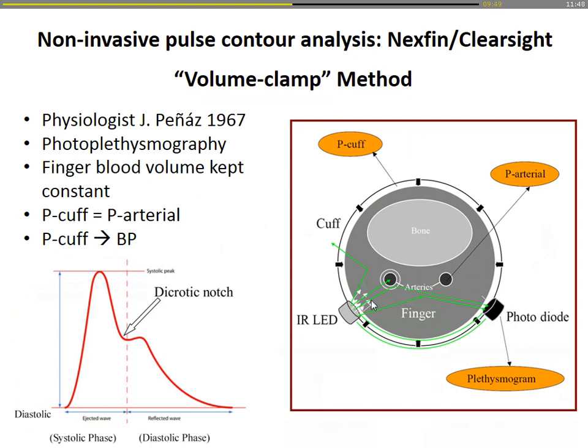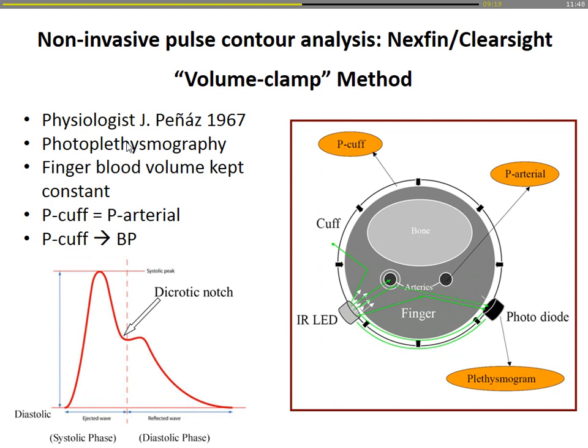Briefly, we have a cuff around the finger, and in this cuff there's an electrode which looks at the artery of your finger, and it keeps the diameter of this artery constant by releasing or changing the pressure in the cuff. So every time blood stroke volume comes into your finger and the pressure rises, it will decrease the pressure, and in this way it can derive the pressure signal from the finger non-invasively.